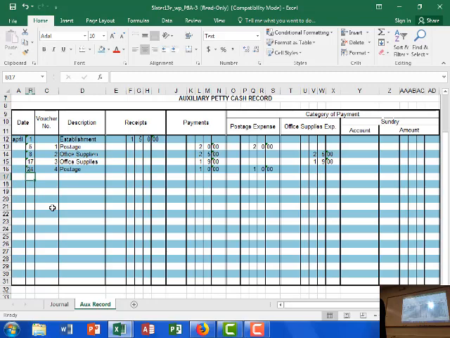Here we go, 26. We always go on the side here. Paid $12 from petty cash for local church donation, voucher number 5. Now notice, it's considered a miscellaneous payment. The reason they consider it a miscellaneous payment is because they're taking it from petty cash. It's something that really should not be done from petty cash at all.